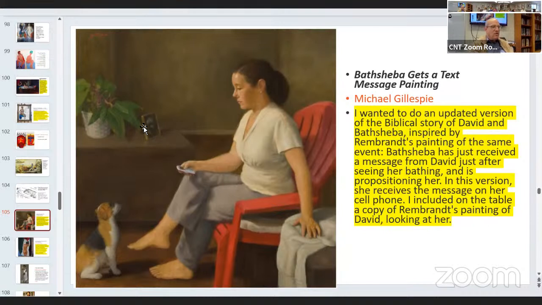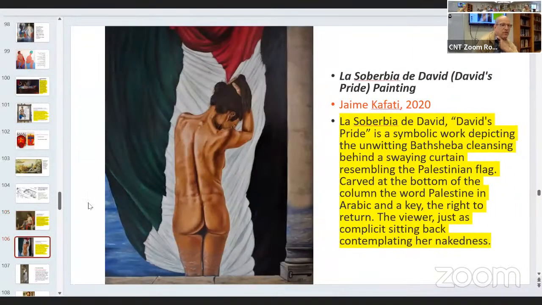Okay, so here's Rembrandt's painting over here, and here's the dog. Okay, the dog, but it is a red chair, which is also very interesting. I think that sort of represents Bathsheba being in her period time and bathing and all that, and she looks very distracted after reading this text message. So it's sort of a very sad moment.